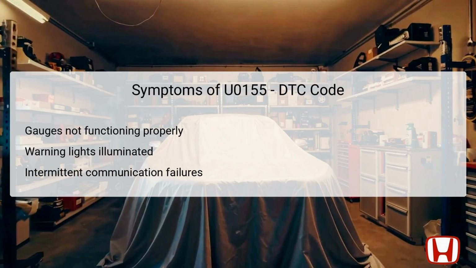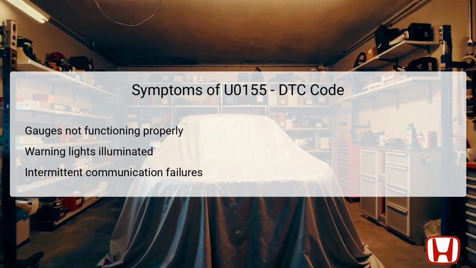The symptoms associated with the U0155 code can manifest in various ways, primarily through the malfunction of the vehicle's gauges. Drivers may notice that essential gauges such as speed, fuel, and engine temperature are either inoperative or display incorrect readings.